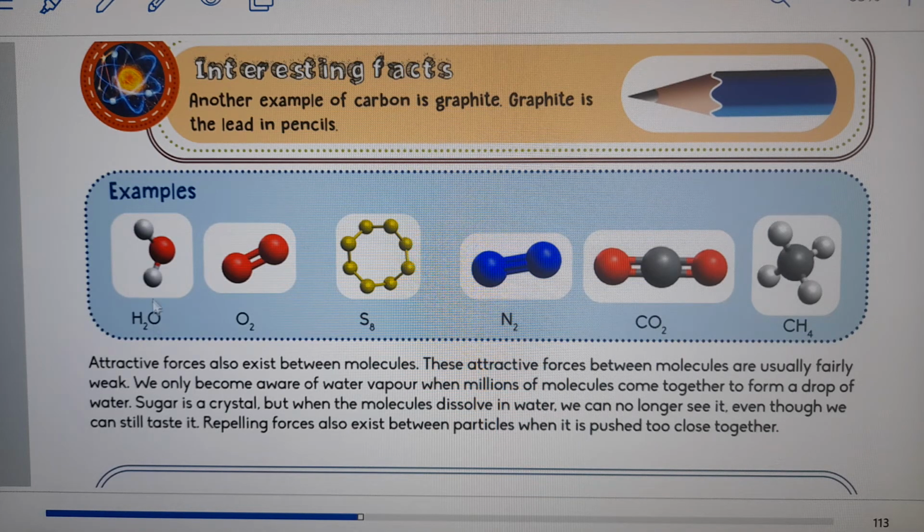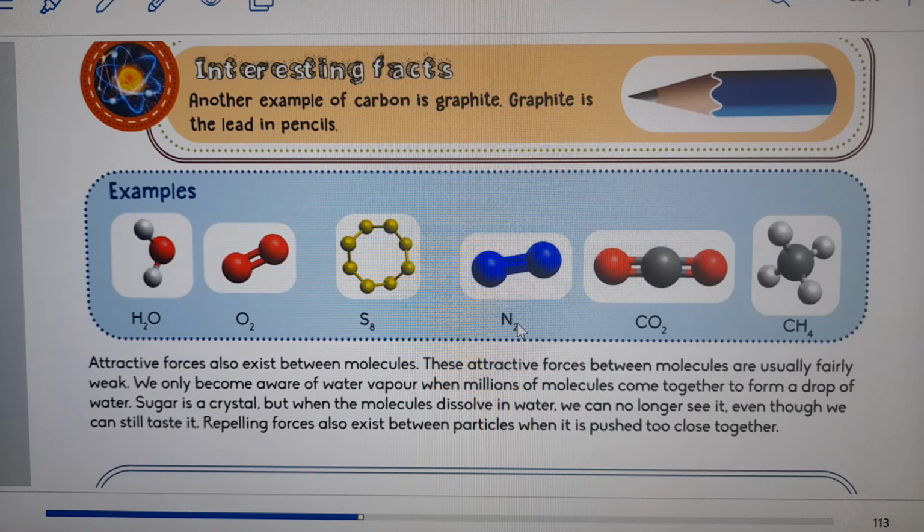We have water, where we have 2 hydrogen and 1 oxygen atom. We have oxygen, which is a diatomic element, 2 atoms of the same, and we have sulfur 8, which has 8 sulfur atoms.